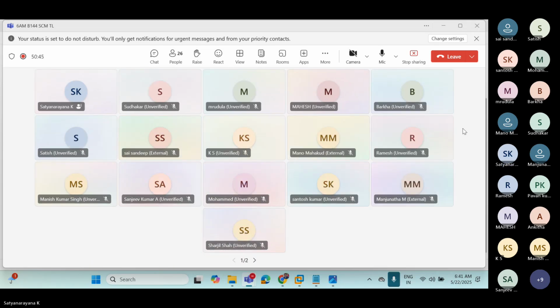And please unmute and speak with me so that we'll have touch based, and you will get a lot of clarifications. Any more questions, please?